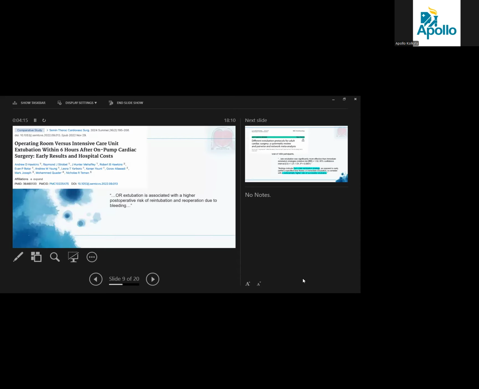And as we can see, Andrew Hawkins et al., the operating room versus intensive care extubation within 6 hours: OR extubation is associated with a higher post-operative risk of intubation and re-intubation and re-operation due to bleeding because of the sympathetic surge, because of the multifactorial causes that may lead to patient deterioration, and hence cost us more than the 24 hours initial that would have been supplemented into the patient's stay by extubating within 6 hours.